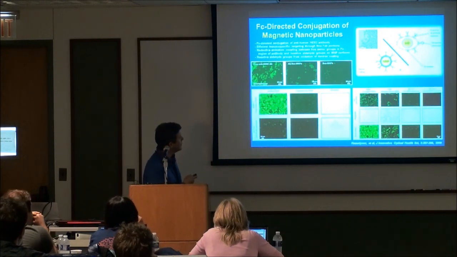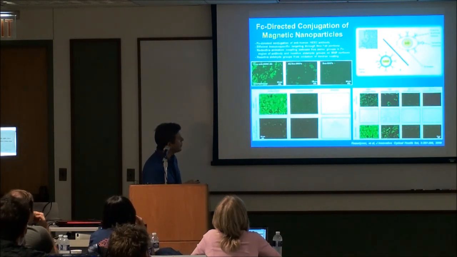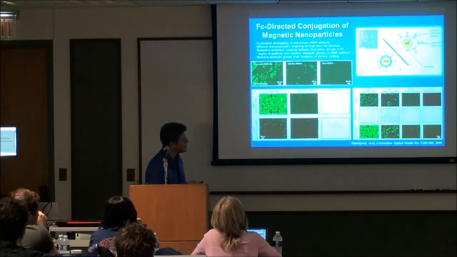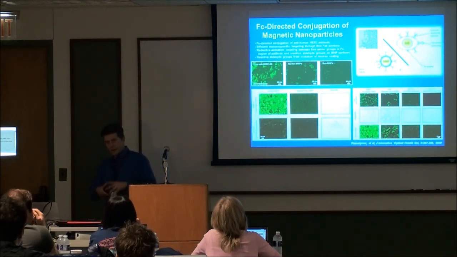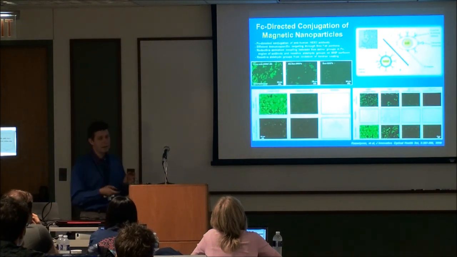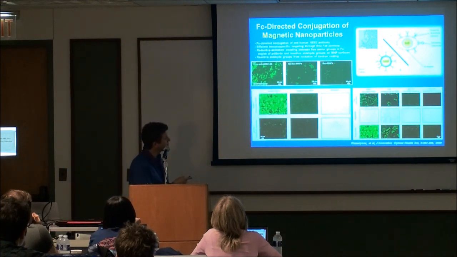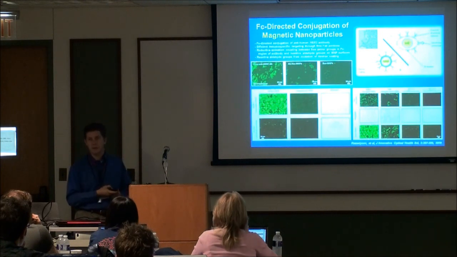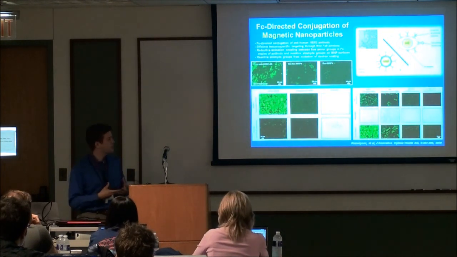What we realized is that it was very important to be able to do this Fc-directed conjugation, because macrophages that are everywhere in the body, often in the liver, have a lot of receptors for this Fc portion. If those Fc portions are exposed, macrophages are going to opsonize or take them up much more readily.